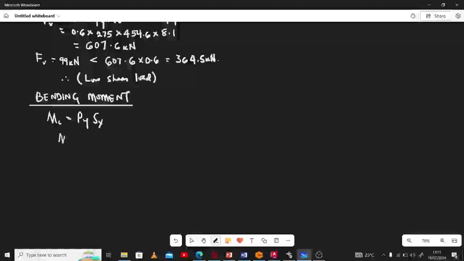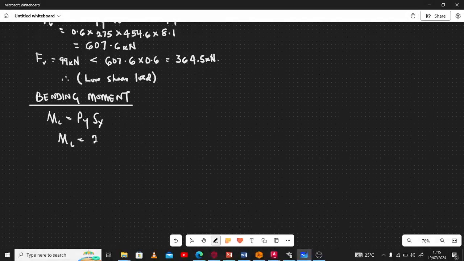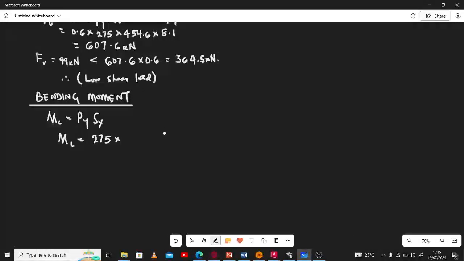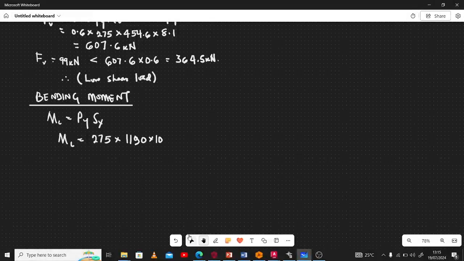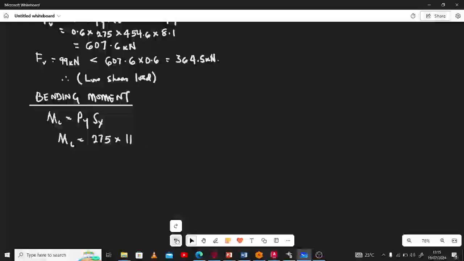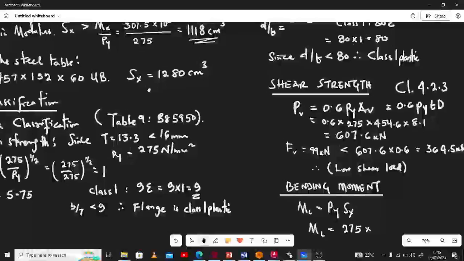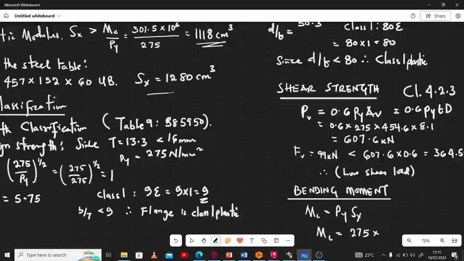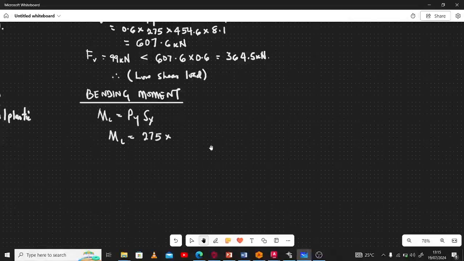So the moment capacity for this section, having known our py to be 275 and the S we employed for this section to be 1280. Okay, so let's just put that to work.